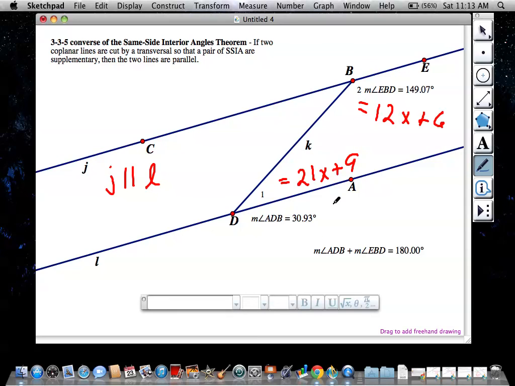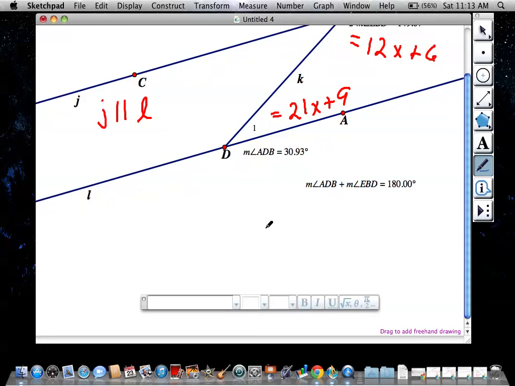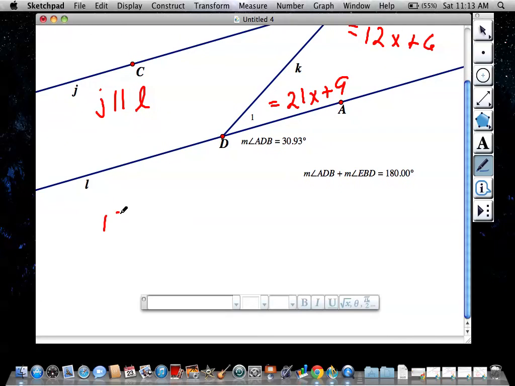Since they are same side interior, I wouldn't set them equal to each other. I would add them together and set them equal to 180 because they're supposed to be supplementary, as here.